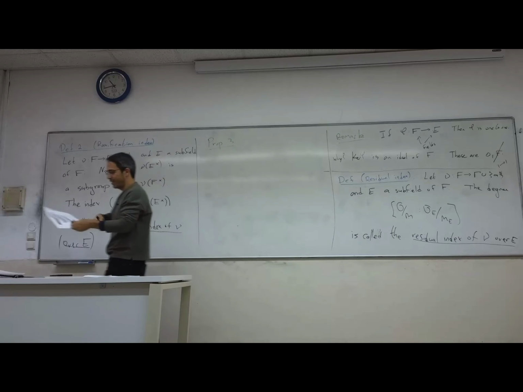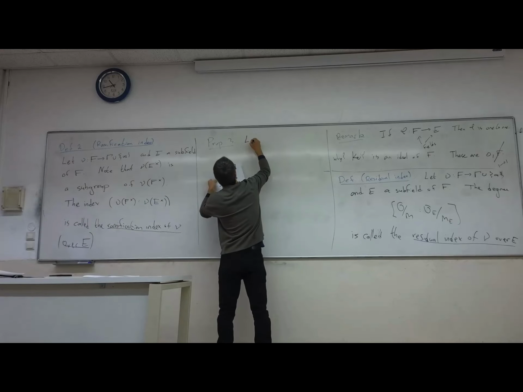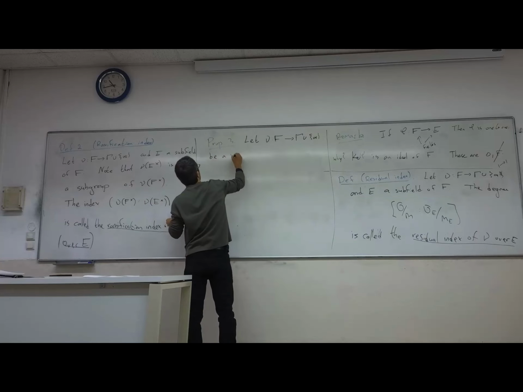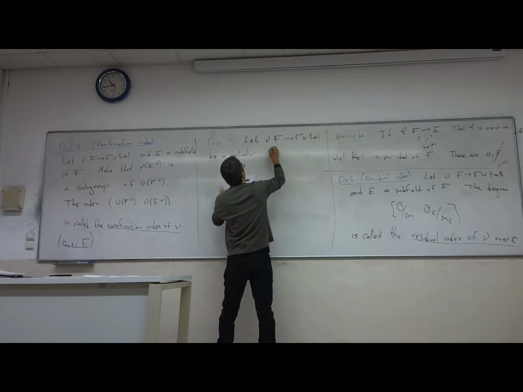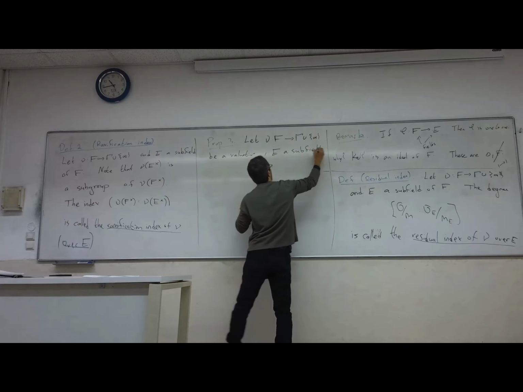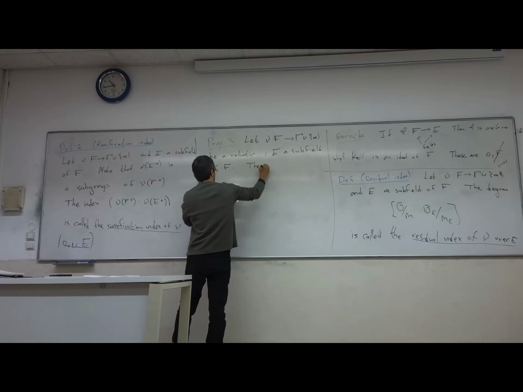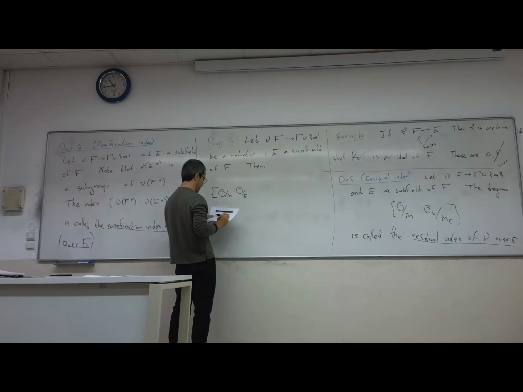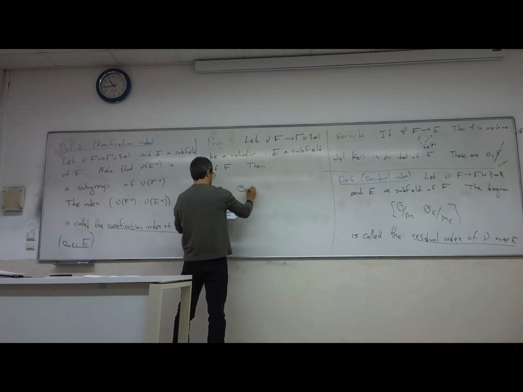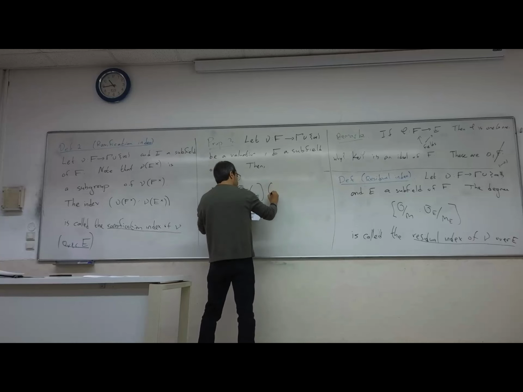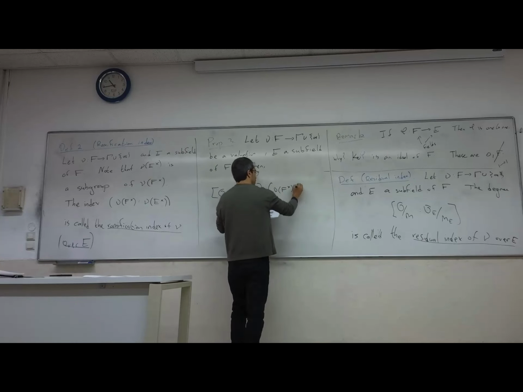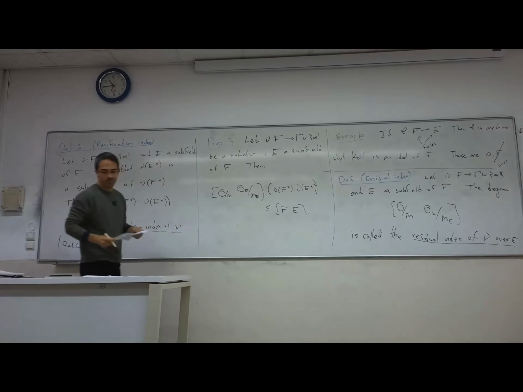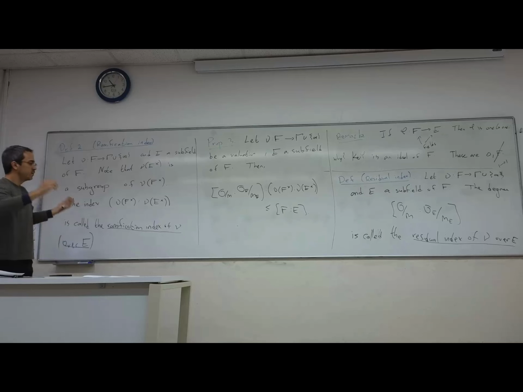Proposition 3: say you have, as before, V a valuation of F, and E a subfield of F. Then what I'm claiming is that the product of the residual index with the ramification index is at most the index of F over E. This is a very strange theorem. 3 different types of stuff going on here.